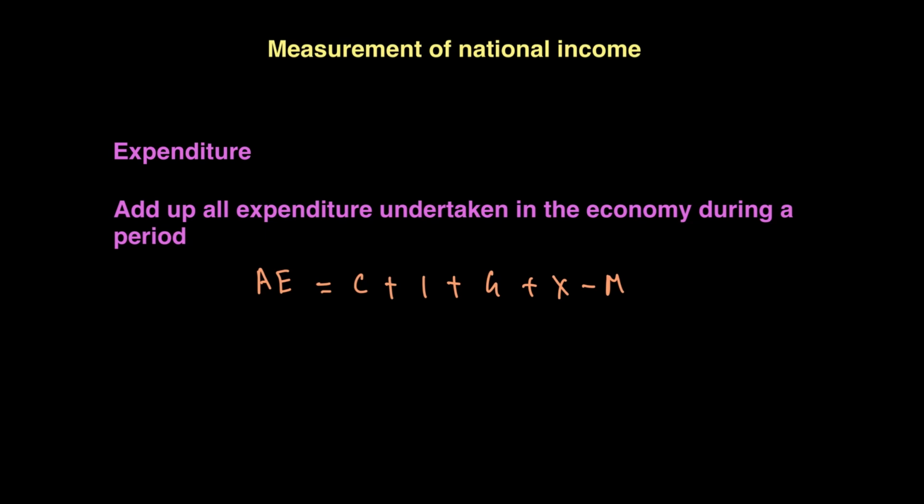Now, in this approach, what we get is what we call GDP at market prices, which means that there are indirect taxes and subsidies in this calculation of GDP, which may not be the same as the cost of making this output or expenditure. That's why sometimes we may need to make an adjustment to find GDP at factor cost.